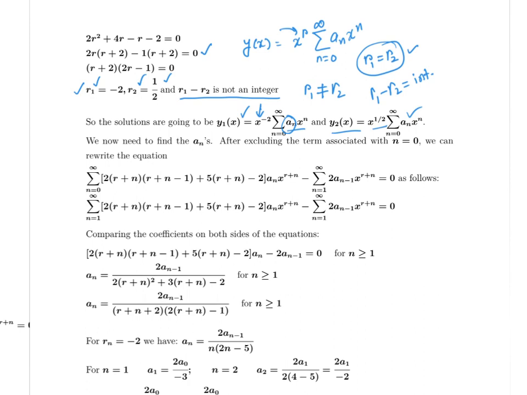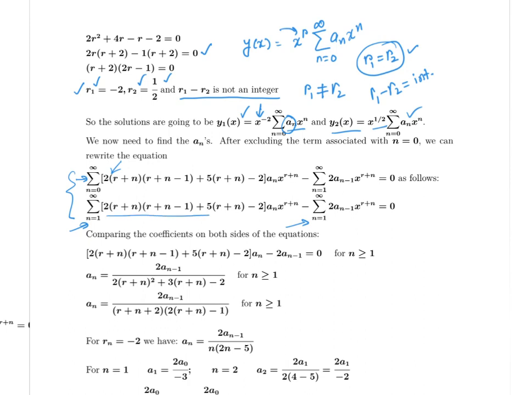Let's now go ahead and find the coefficients. This is something we already have had before, and if we strip off the first term, which we did, we are starting from 1. So now I'm comparing apples to apples.